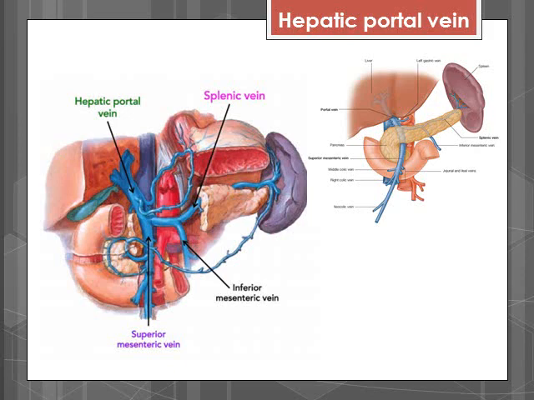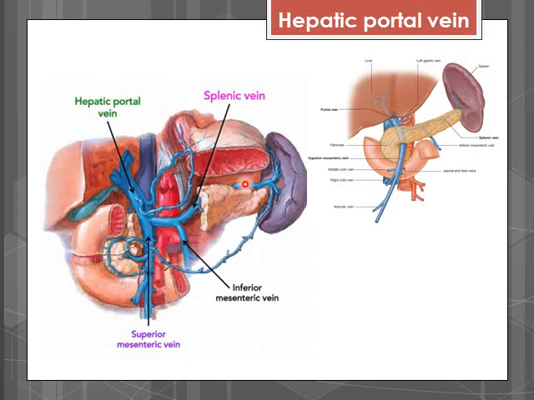The tributaries of the portal vein include right and left gastric veins, superior mesenteric vein, splenic vein, and cystic vein. Right and left gastric veins drain the lower end of the esophagus and part of the stomach. Superior mesenteric vein drains part of the stomach, small intestine, and large intestine till the right 2/3 of the transverse colon.